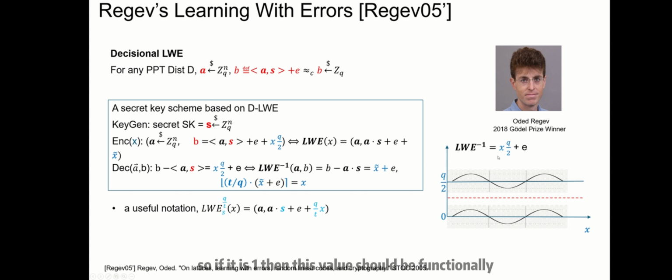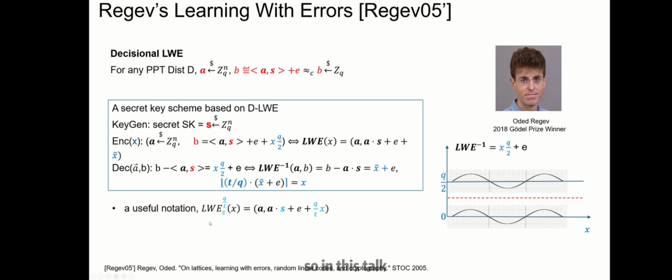If it is 1, then this value should be fluctuating around q over 2. And if it is 0, it is fluctuating around 0. So we can still distinguish these two distributions, and by the rounding operation we have introduced in the algorithm, we can finally retrieve the bit message X.